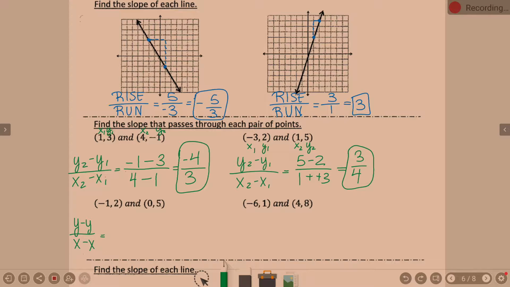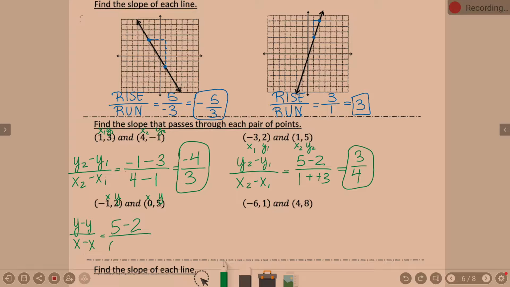Okay. Y minus y over x minus x. Remember, in an ordered pair it's x, y, x, y. What are my y's on top? The y is the y. So 5 and 2, 5 minus 2. If I use 5 first, what x must I use first? 0.